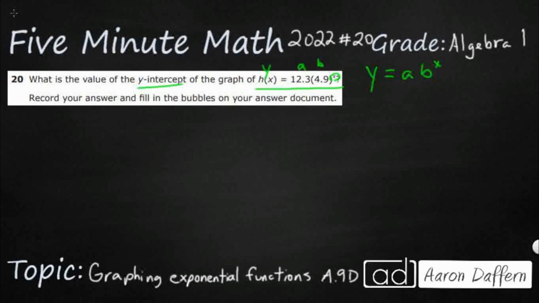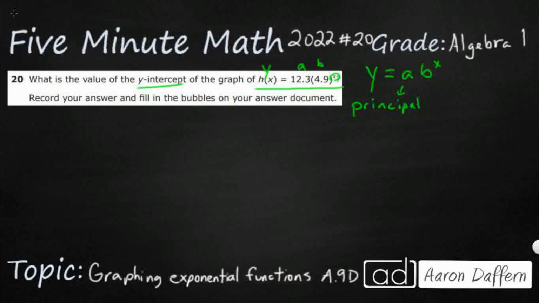What is this a term? Well, this a term is going to be multiple things. If we are dealing with compound interest, right, we are saving money, and you have an annual interest rate that's compounded, it's 12% or something like that, it all depends on your principal, your initial starting deposit. That's what this a term would be in that context.